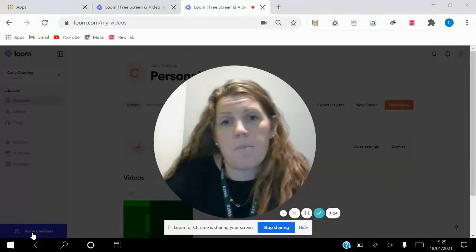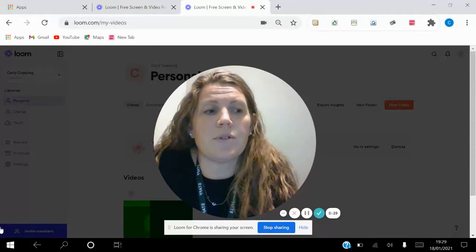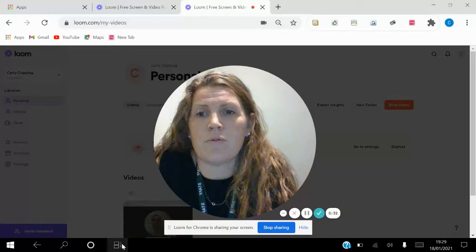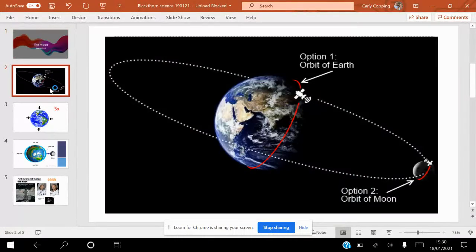So just to recap, what they said there, it talked about Earth's only natural satellite. What they mean by Earth's natural satellite is something that orbits the Earth, and by orbit the Earth they mean it goes round and keeps going around the Earth.